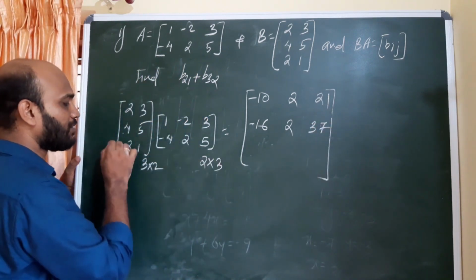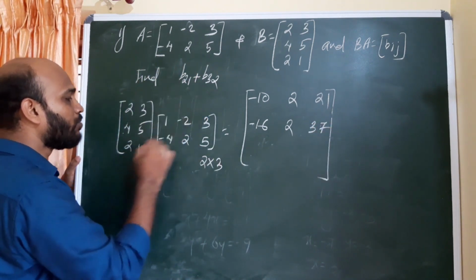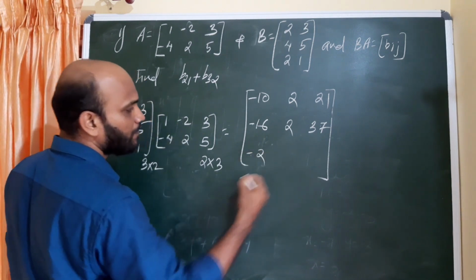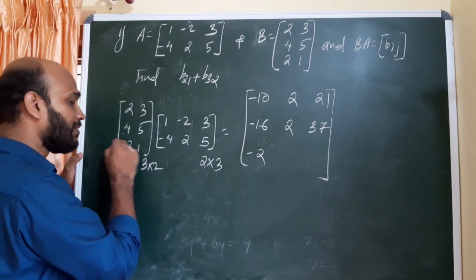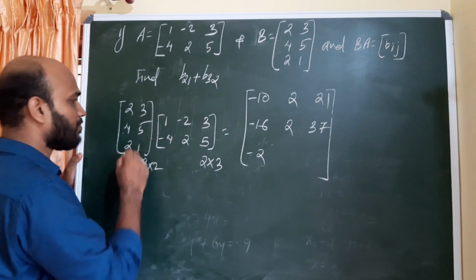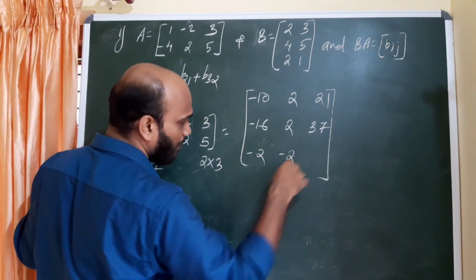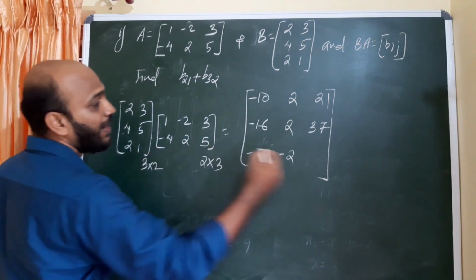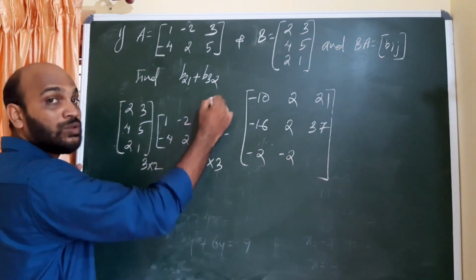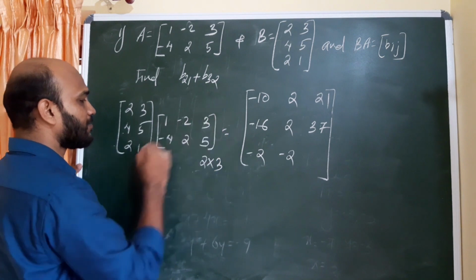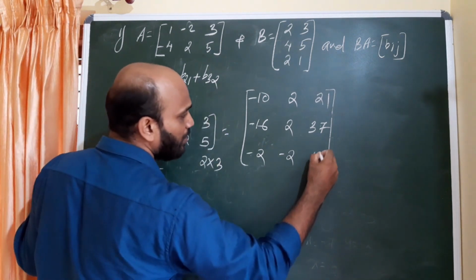Then a31, third row first column: 2 - 4, that is -2. a32, third row second column: -4 + 2, equal to -2. And a33, third row third column: 6 + 5, that is equal to 11.